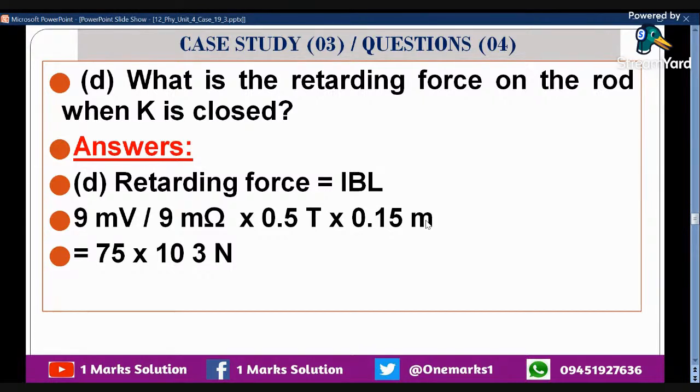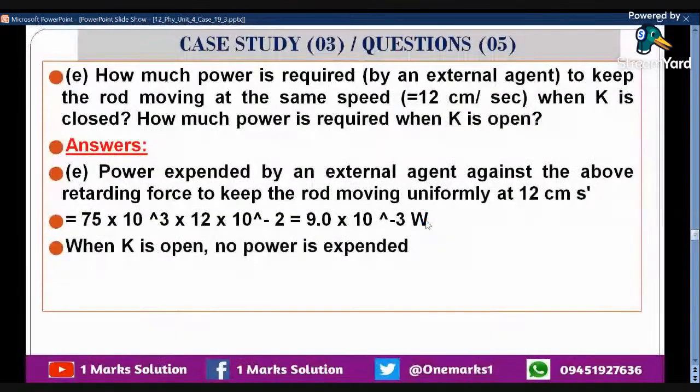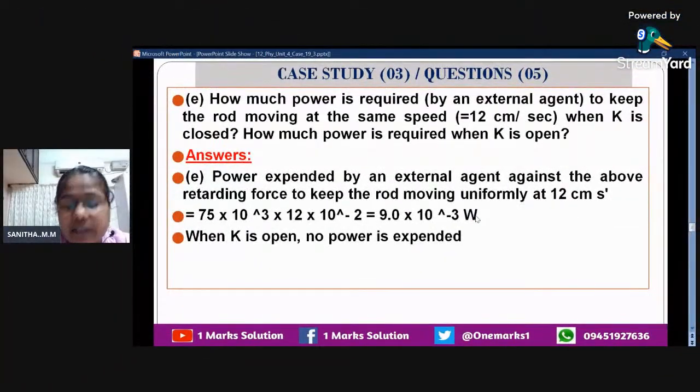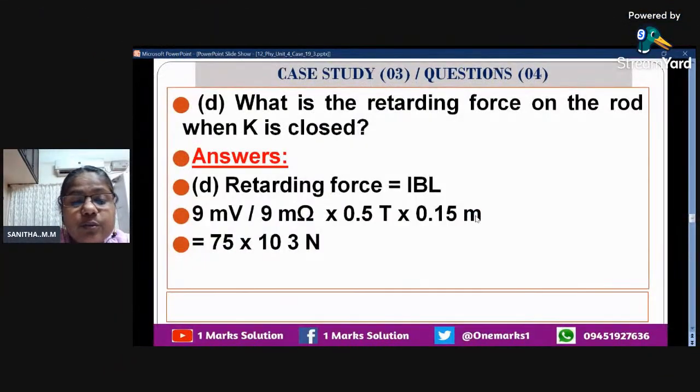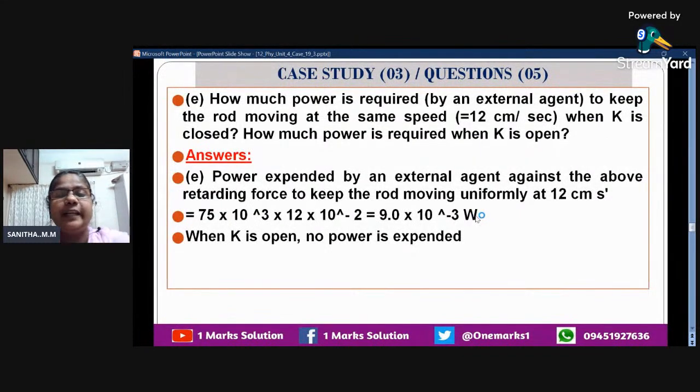So the milli and milli will cancel, and 9 by 9 gives 1. So 0.5 into 0.15, 15 into 5 you will get 75, and with 3 decimals, that is 75 into 10 raised to minus 3 Newton we are getting. Newton is the unit of force. Now we can go for the next.